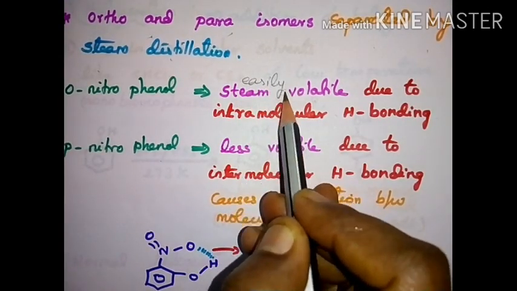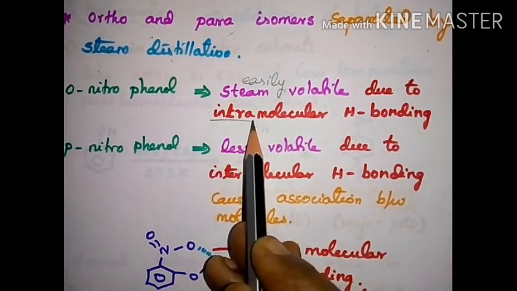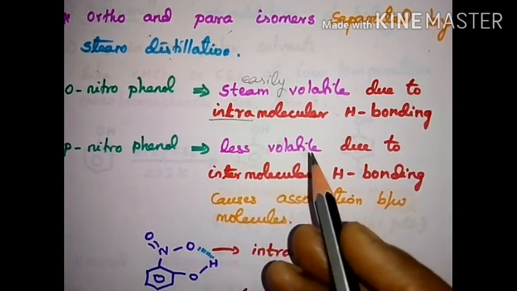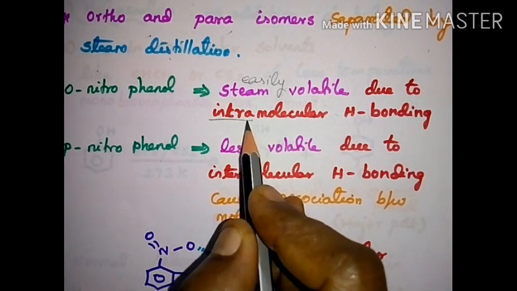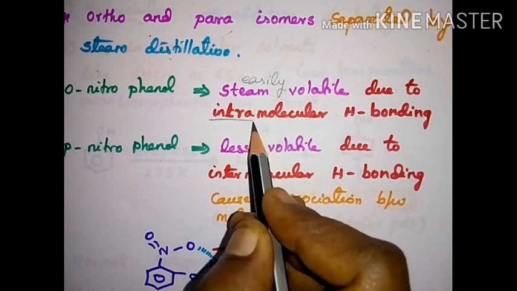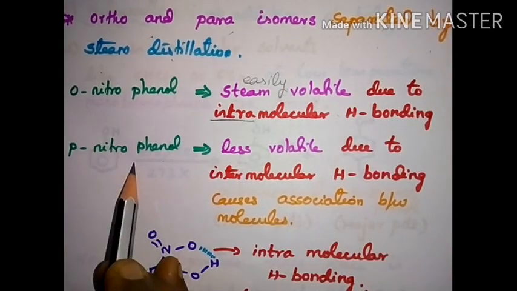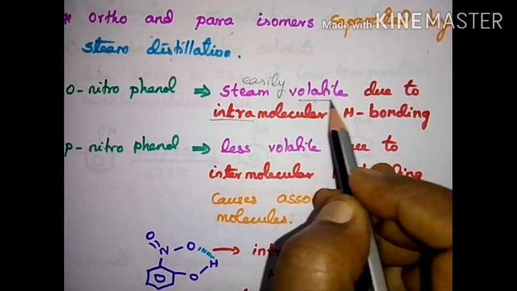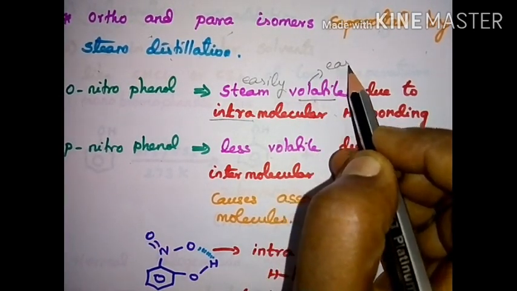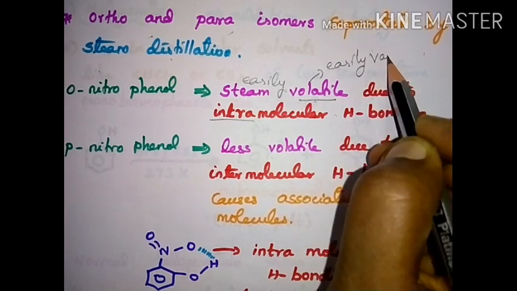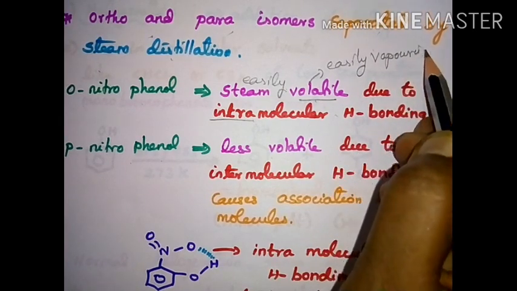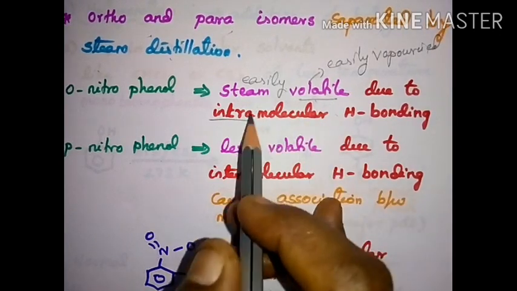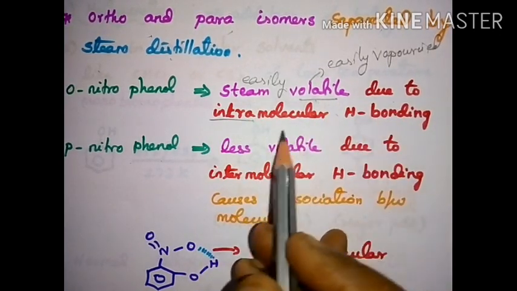Intra means within the same molecule, one molecule. Paranitrophenol is less volatile, that means it is not easily vaporized. What is volatile? Easily vaporized is called volatile.